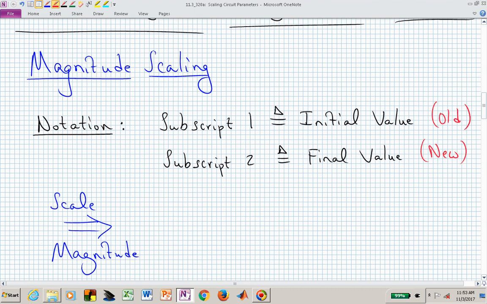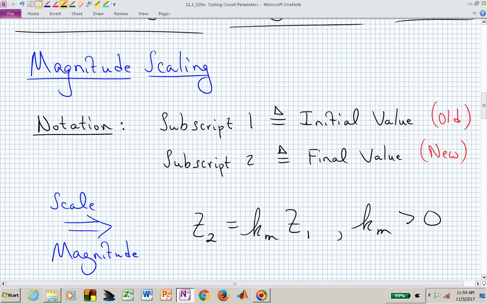And if we're trying to scale the magnitude, then what that means is we want the new magnitude, let's say Z sub 2, to be a scaled magnitude, K sub M, different from Z sub 1, where this magnitude scaling constant is going to be positive.